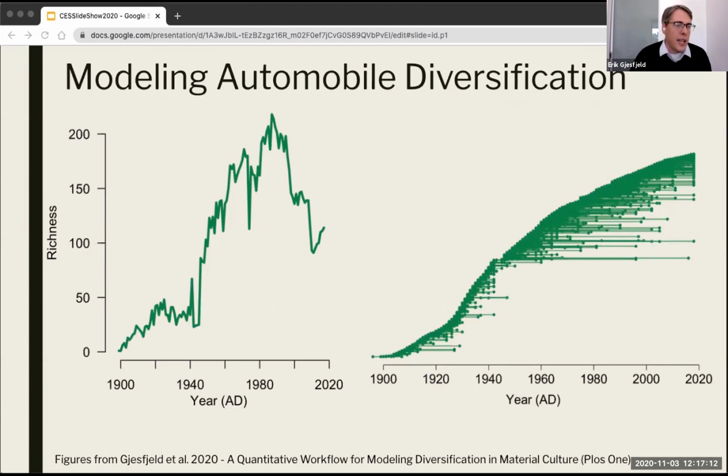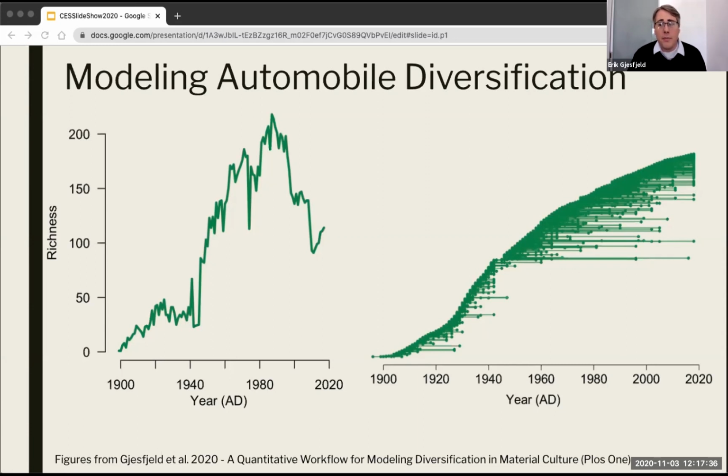Looking at just richness, we see a general increase in richness through time, with a very strong increase from just after World War II in the mid-1940s up to the 1980s, after which we see a decline in overall richness until probably about 2015, 2016.